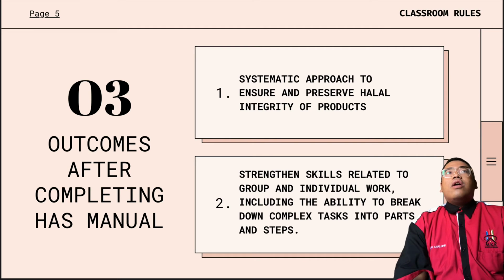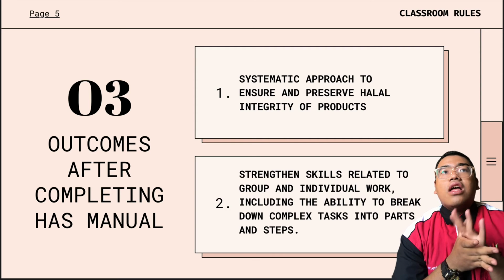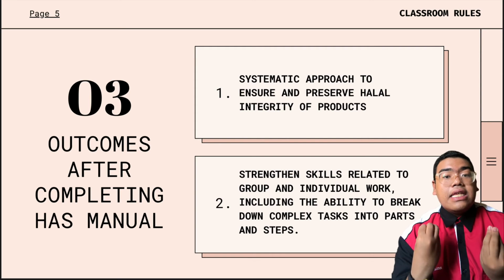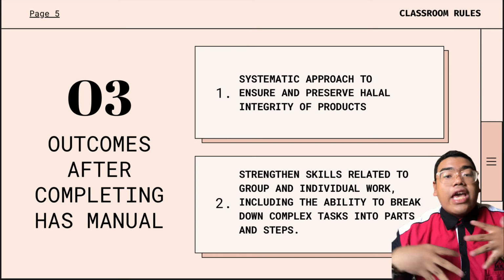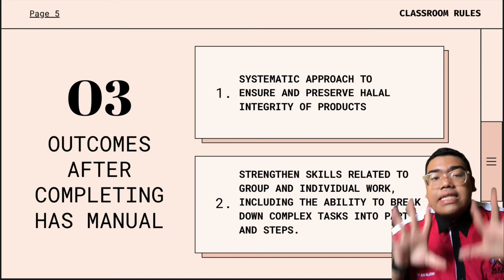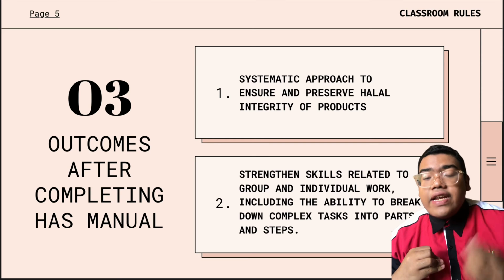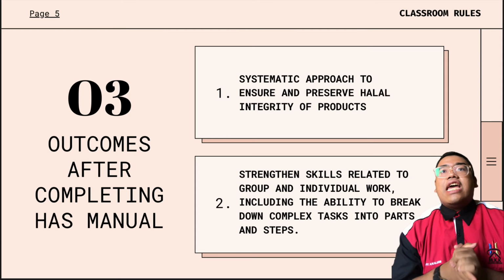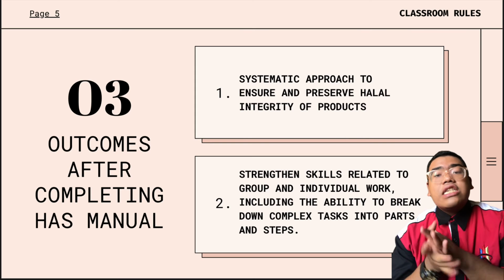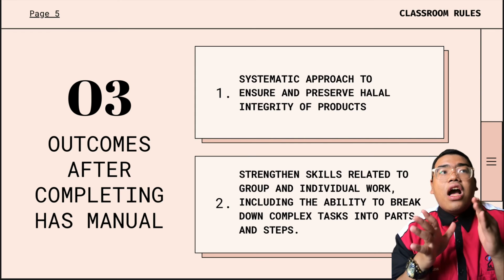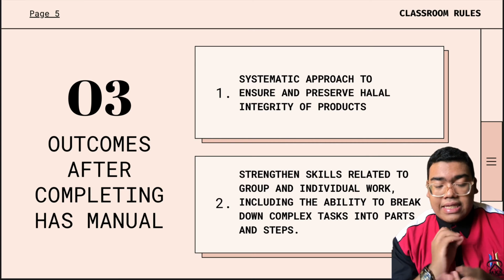What I got after completing the HAS manual is that I got to know the system approach to ensure our product and preserve the halal integrity of our product in every aspect, such as the process flow, the production, and so on, until the outcome of the product itself.